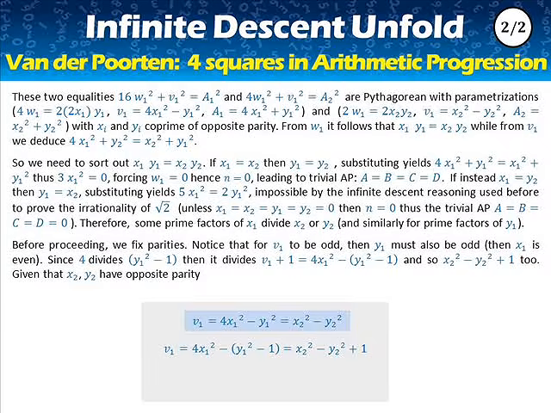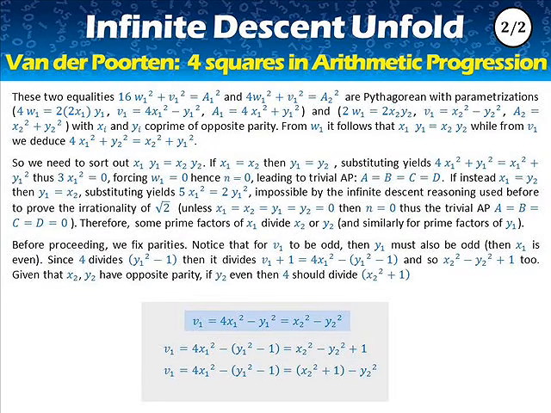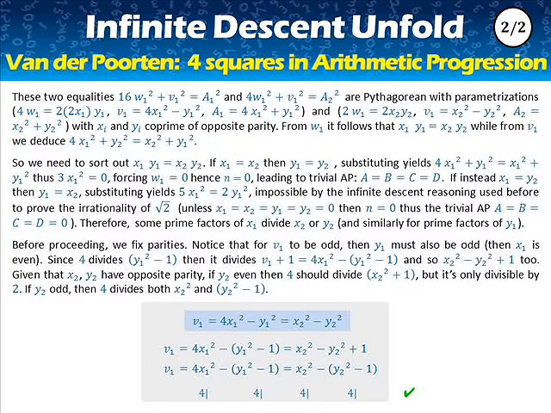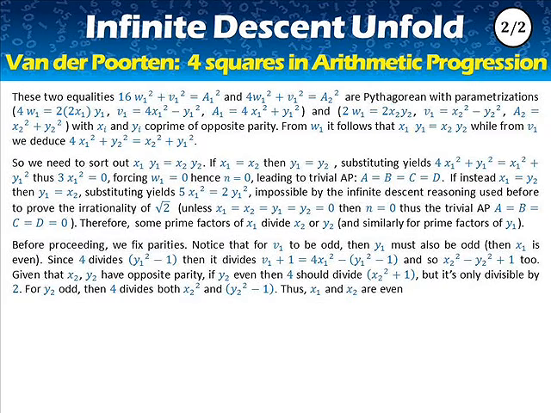Given that x₂ and y₂ have opposite parity, if y₂ is even, then 4 should divide x₂² plus 1. But it's only divisible by 2, so this option is ruled out. If instead y₂ is odd, then 4 divides both x₂² and y₂² minus 1. Thus, we fixed parities.